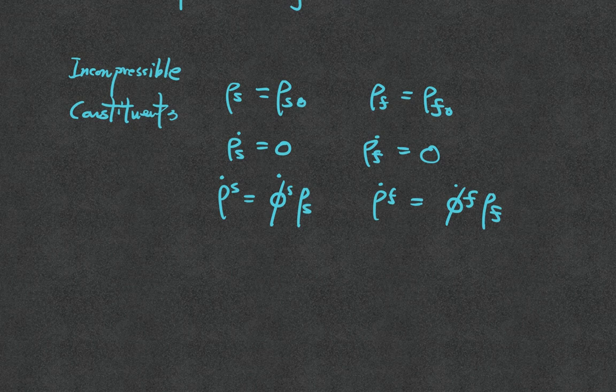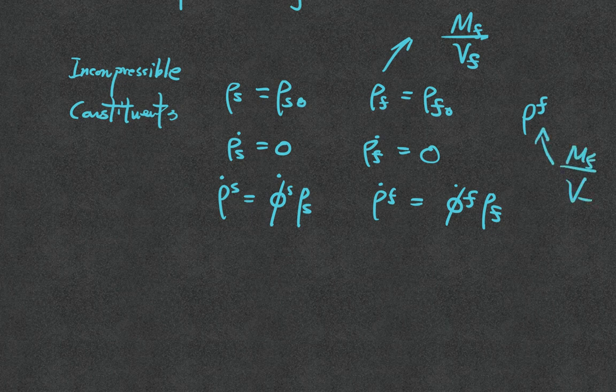Again, intrinsic density is the mass of fluid divided by the volume of fluid, and the partial density is mf divided by vt. Okay, so far so good.